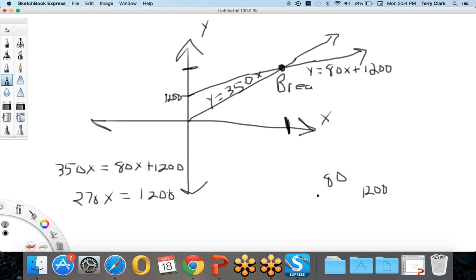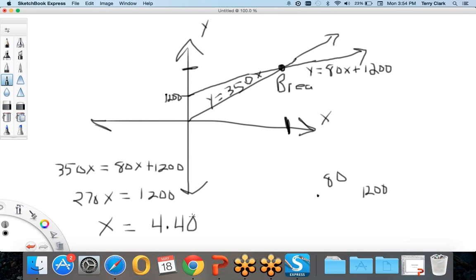So 1200 divided by 270, and that's going to be X equals 4.4. So that's roughly around 4 hours and some change. I'll break even.